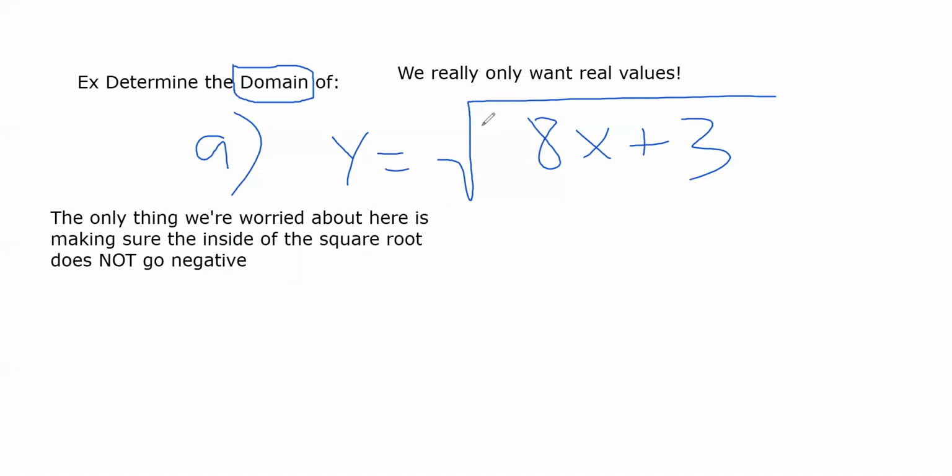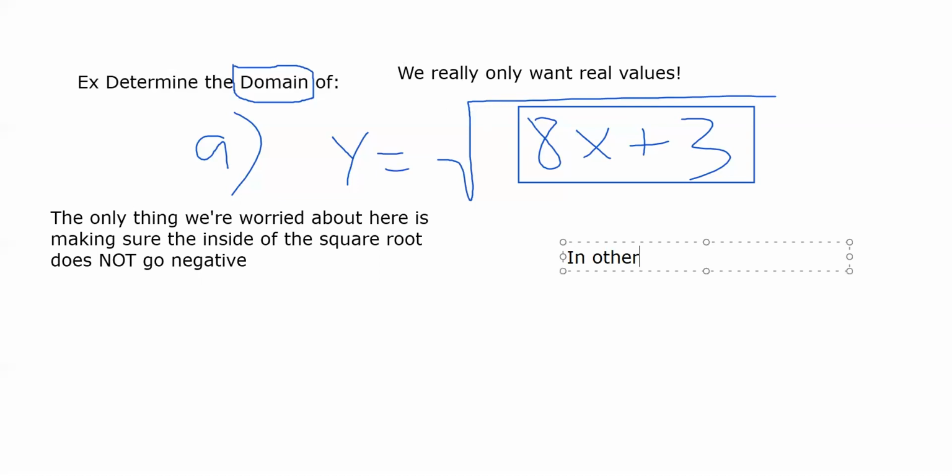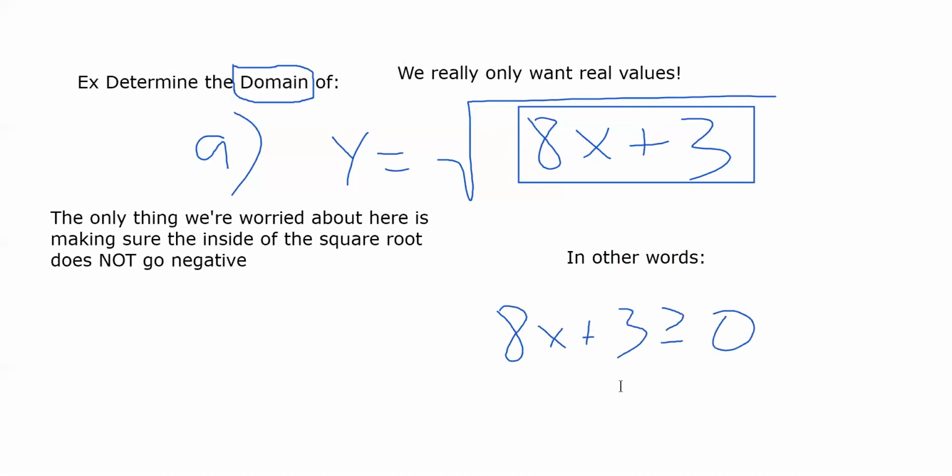In other words, the inside of the square root, this business right here, must stay greater than or equal to 0. In other words, 8x plus 3 has to stay greater than or equal to 0. And suddenly, we now have a system for figuring out the domain. The domain is related to x values.